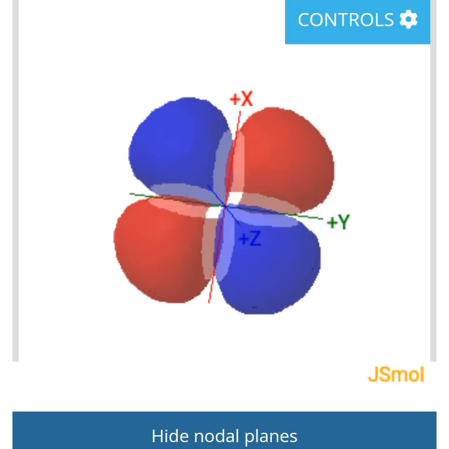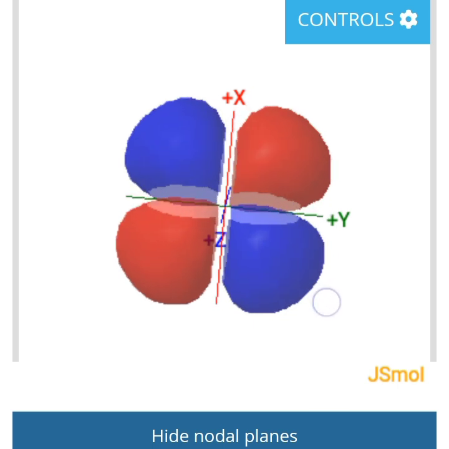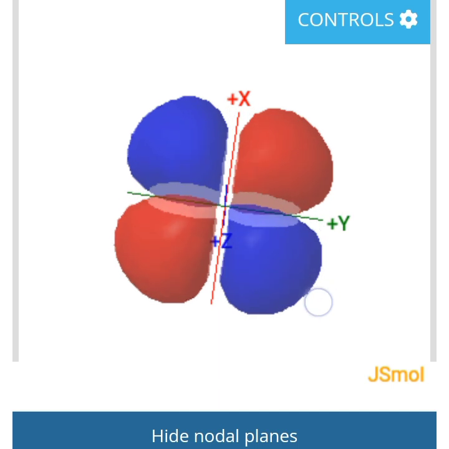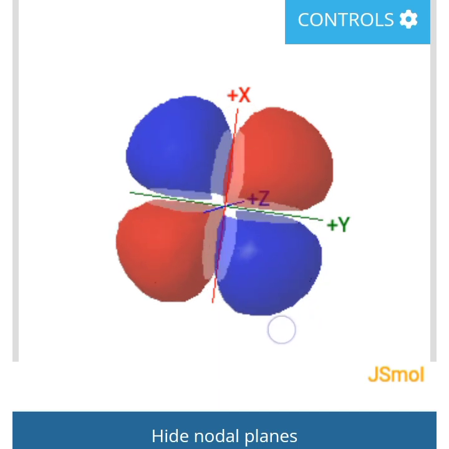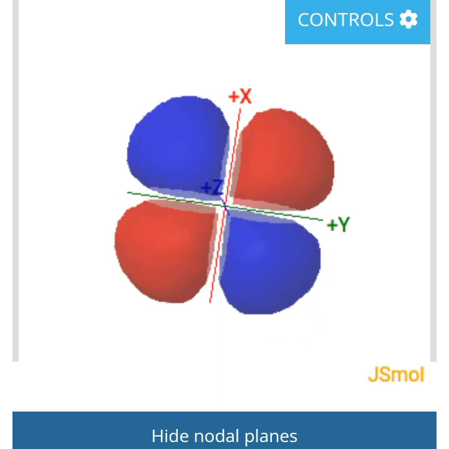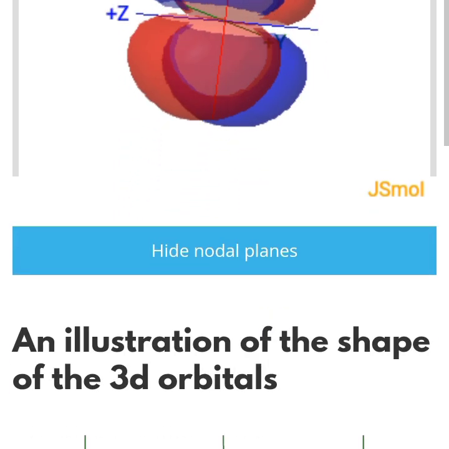Seen this carefully, the number of nodal planes here is 2, so this is the dxy orbital.